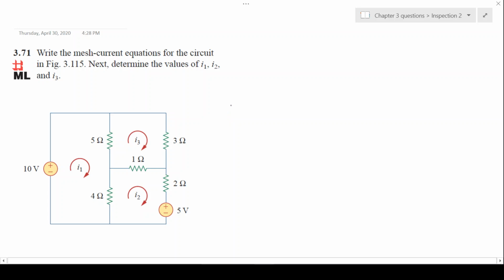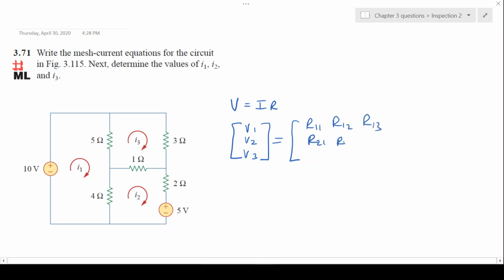If you remember, it all continues from Ohm's law, where we say the voltage is equal to the current multiplied by resistance, and we then extend this to say that the voltages V1, V2, and V3 will give us the resistance matrix: R11, R12, R13, R21, R22, R23, R31, R32, and R33, multiplied by the current.